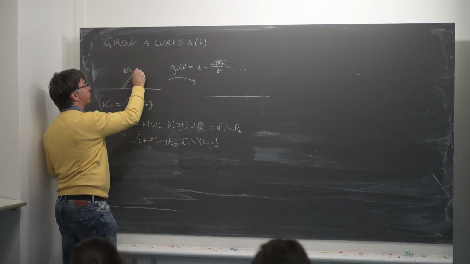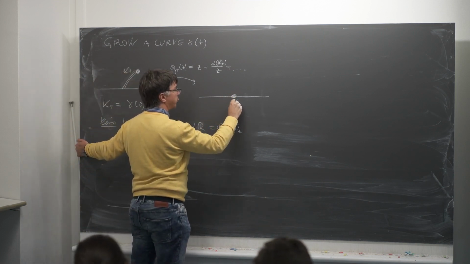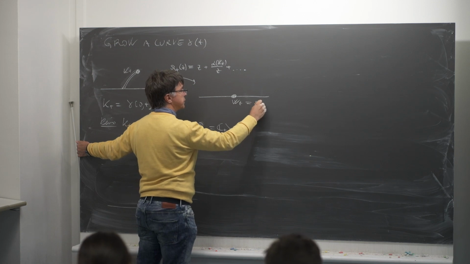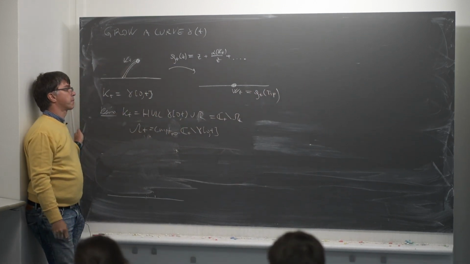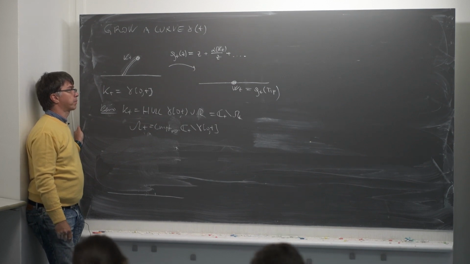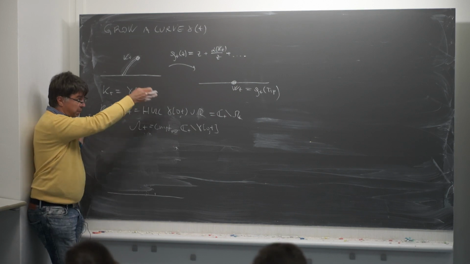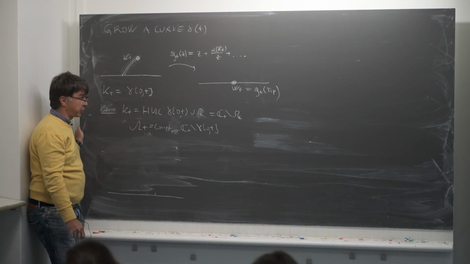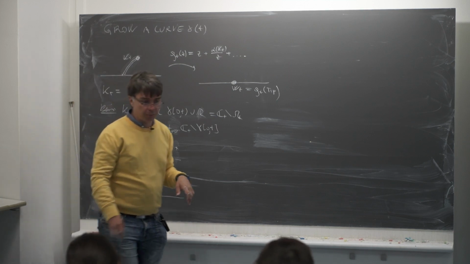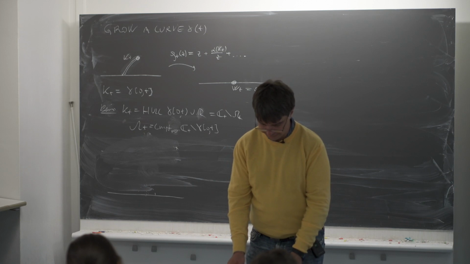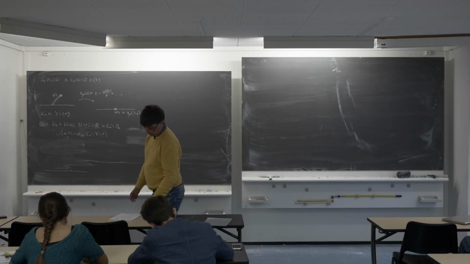We can look at the tip of this curve, where this tip goes. Where the tip goes, I call W_t. So W_t is g_t of the tip of my curve. If the curve is nice and continuous, then it's actually Carathéodory's theorem that the map can be extended continuously to the boundary. If it's a more complicated object, one has to work more, but that also can be done.